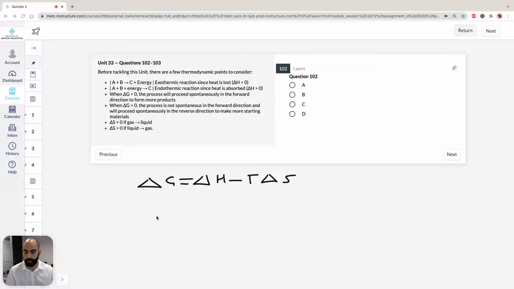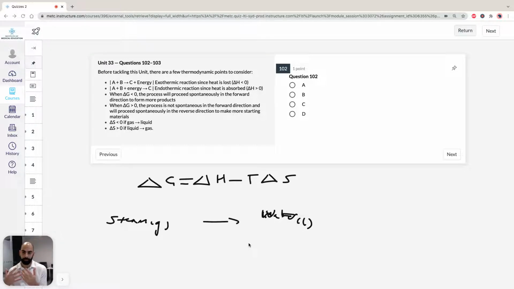If steam is going to condense, remember steam is a gas, and water is a liquid. So think about it logically.